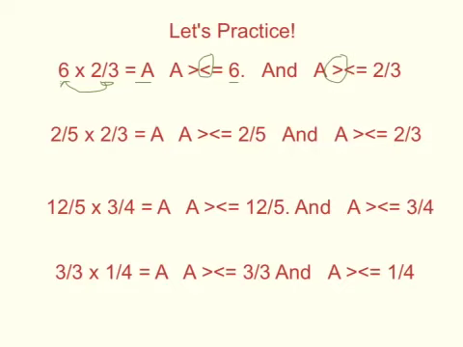If we do calculate it, we know that this is 6 over 1 times 2/3, which is 12/3, and that is equal to 4. So that proves that my answer was less than 6 because I was taking a part of 6, and my answer is also greater than 2/3. So go ahead now and see if you can do the rest of the problems. Pause the video and then we'll start it up again and go over the answers.